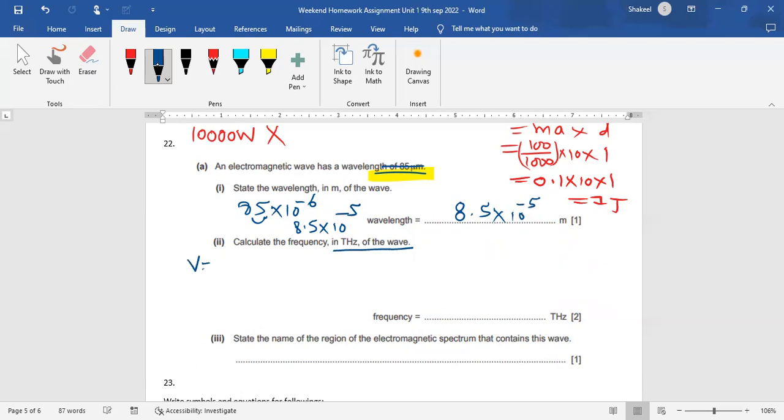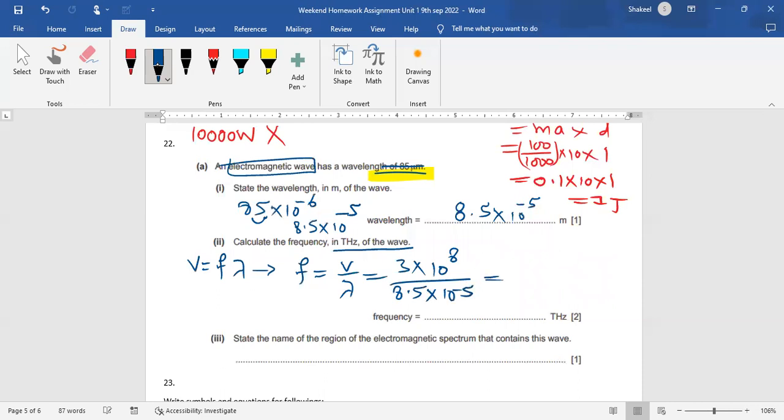You know v is f lambda, so frequency is v by lambda. As it is an electromagnetic wave, the speed is 3 into 10 to the power 8. This is the estimation we have to use. For wavelength, it is 8.5 into 10 to the power minus 5. So you do the maths: 3 divided by 8.5 is 0.35, into 10 power 13.